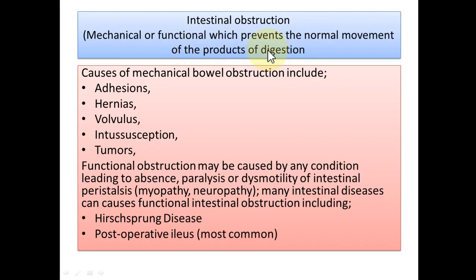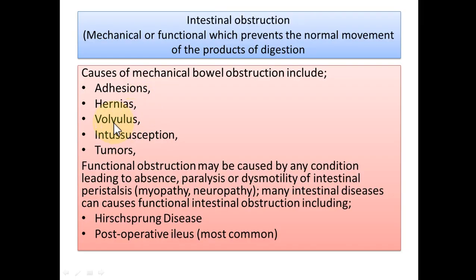The mechanical causes of intestinal obstruction include adhesions, which are most commonly seen post-operatively, and formation of bands or ligaments between the parts of the intestine. It may be in the form of protrusion of the intestinal contents into the weakened or defective area in the peritoneal wall.